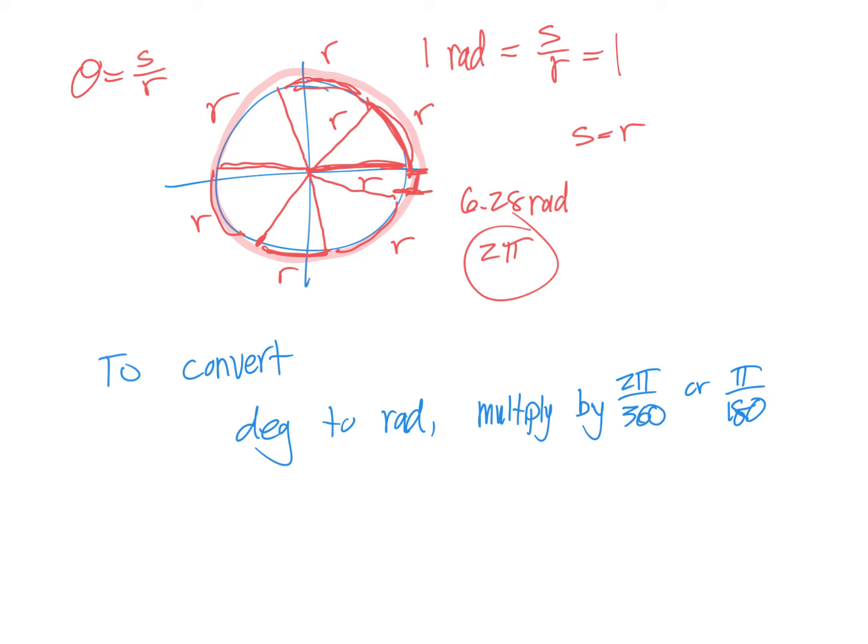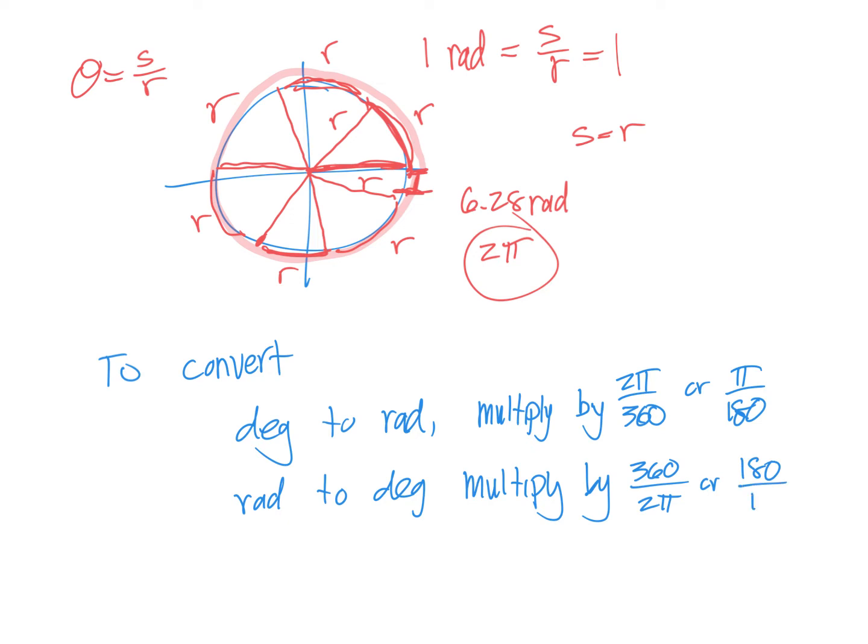And likewise, to convert from radians to degrees, we multiply by the inverse: 360 over 2 pi, so 360 degrees over 2 pi radians, or 180 over pi. We're just looking at how many degrees are in a circle versus how many radians, and we can make that conversion.